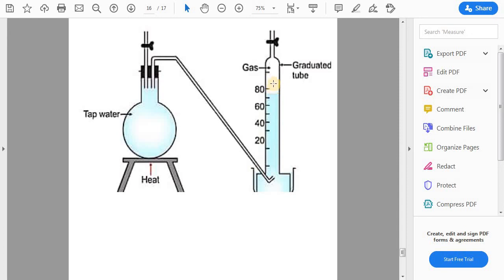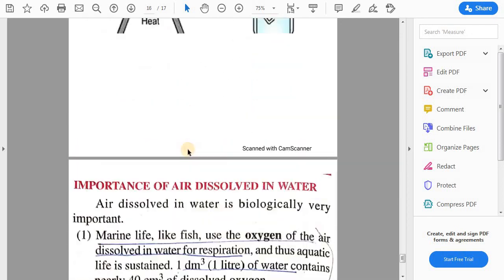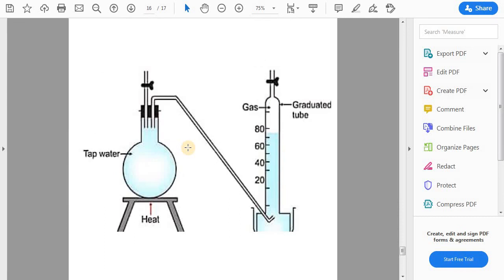Now the volume of the gas or air collected in the graduated tube shows the presence of dissolved gases in tap water. The solubility of a gas is generally expressed by the volume of that gas dissolved in a certain volume of solvent.